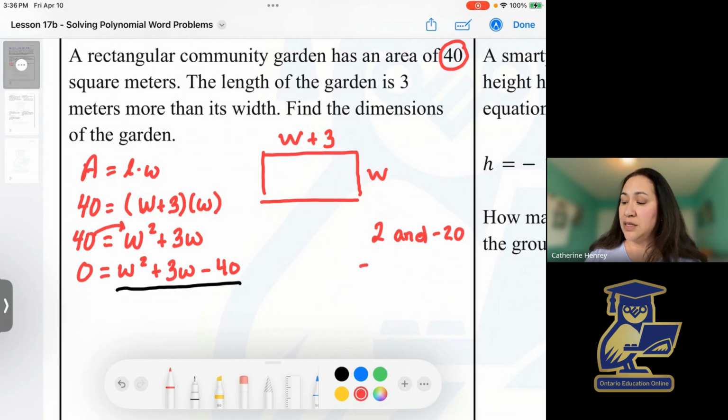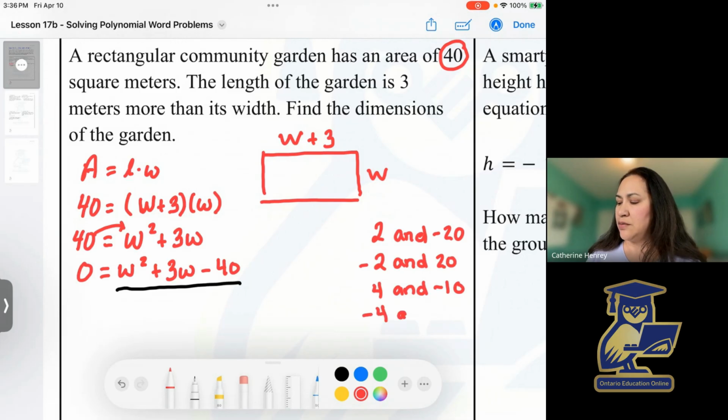We also want to consider negative 2 and positive 20. Neither of those seem to work. What about 4 and negative 10, or negative 4 and positive 10? Those don't seem to work. Again, we're trying to have two numbers that add to give me positive 3.